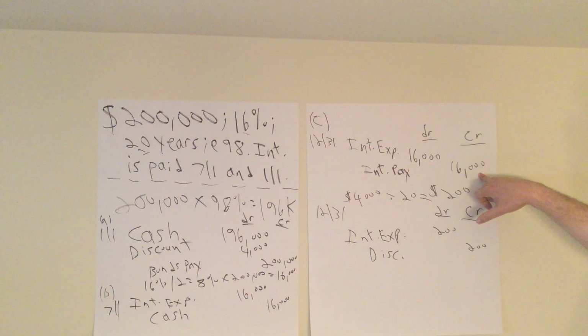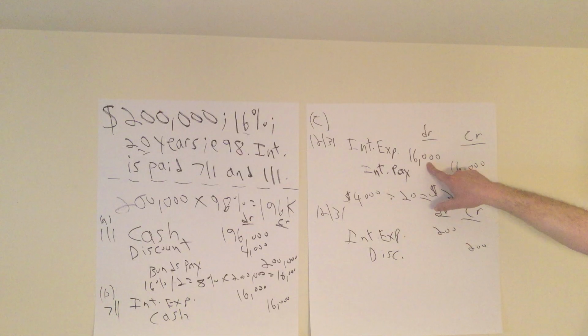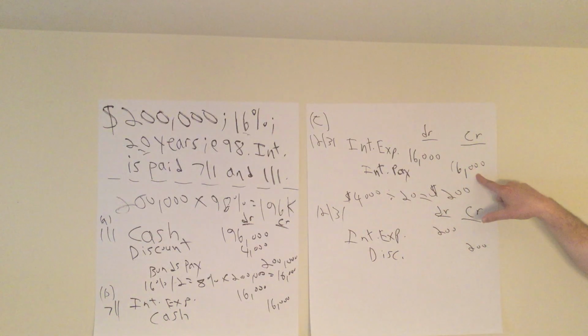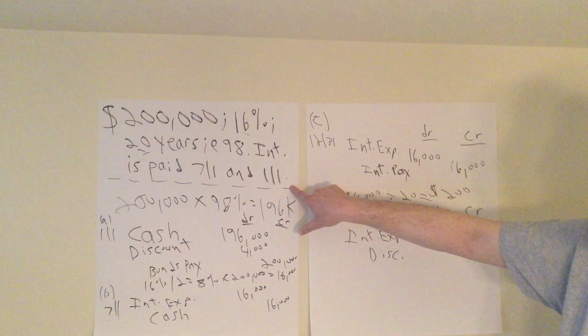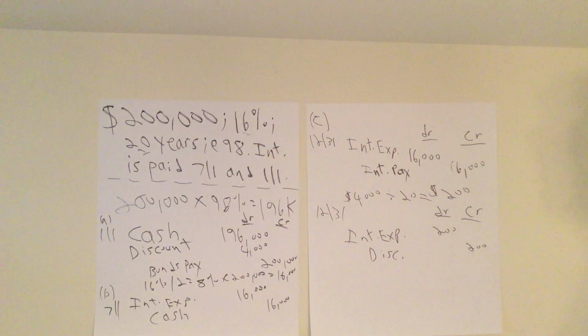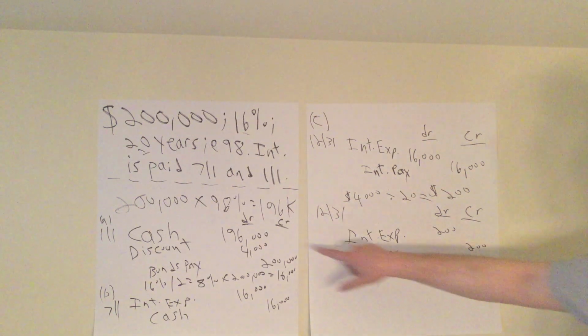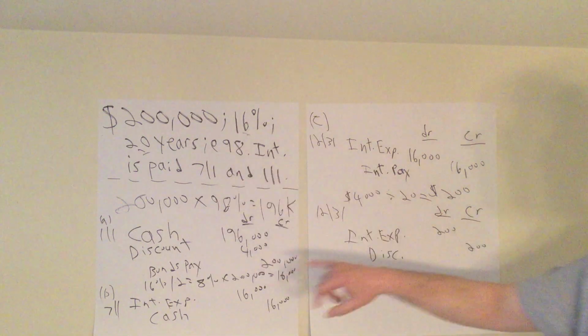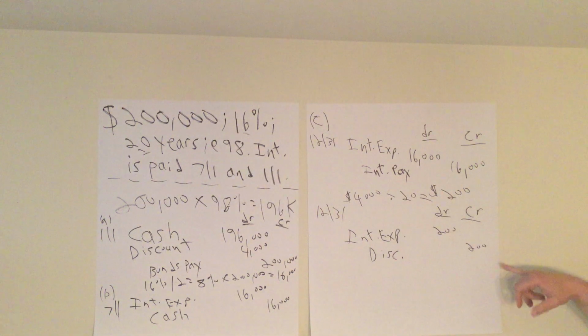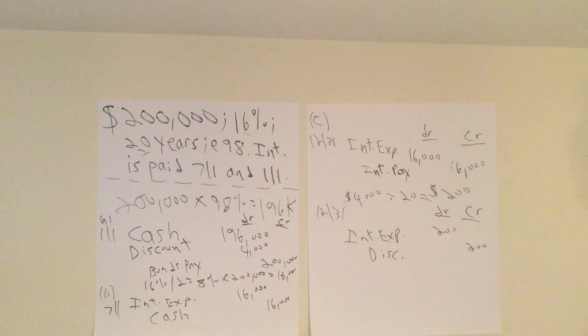So at the end of the year, we still book our 6 months interest, but we accrue it because we're going to pay it on January 1st, based on the terms of the bond. And also at the end of the year, we need to amortize the discount. So we take the total discount of $4,000, divide by the number of years, which is 20, and that gives us $200 a year. So these are the 4 main entries that we do with bonds.